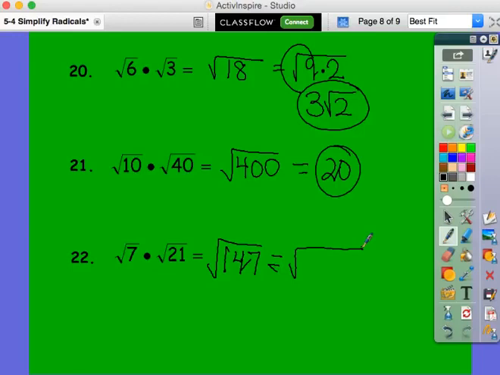Oh, I thought your hand was up. 49 times 3. Yes. 49 times 3 is 147. Okay, so the 49 comes out as a 7 square root of 3. Very good.